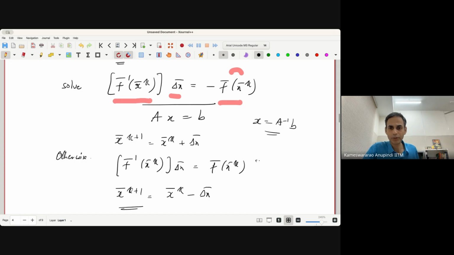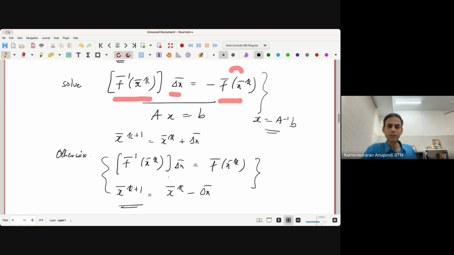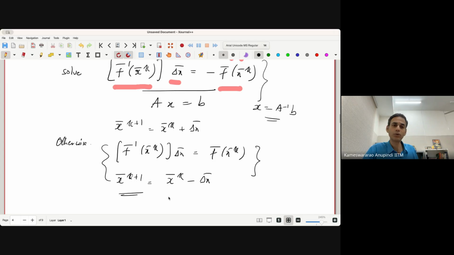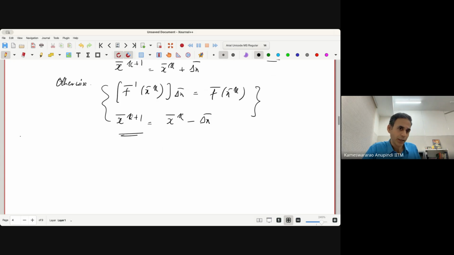Either we use this one or the top one, both are the same. Instead of including the minus here, we're just including it in the next step. So this is what we do in practice. We are not going to invert the Jacobian matrix. Okay, fine. Let us look at an example problem.